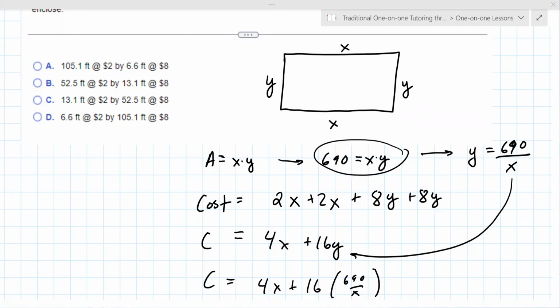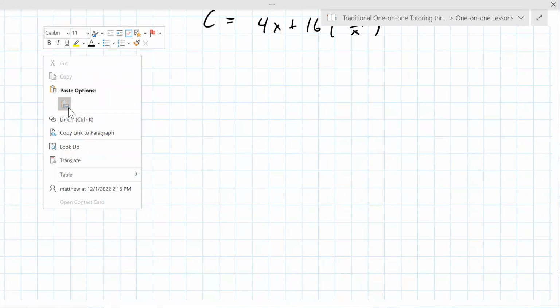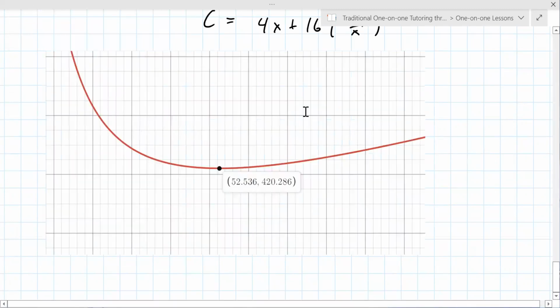Let's see if I can get a reasonable window. Okay, so I'm not getting it. All right, so here's what the graph looks like of the cost function.